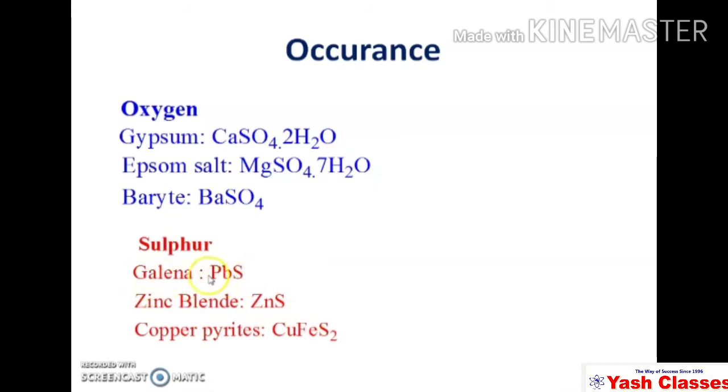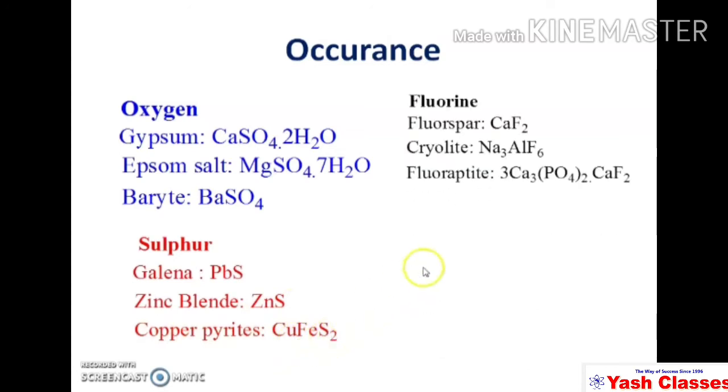Galena is one of the important minerals, that is lead sulfide, then zinc blende ZnS, copper pyrite CuFeS2. Then important minerals of fluorine are fluorospar, that is CaF2, cryolite Na3AlF6, fluorapatite, that is 3Ca3(PO4)2.CaF2, calcium phosphate with calcium fluoride.